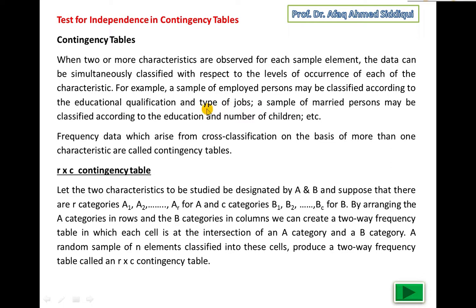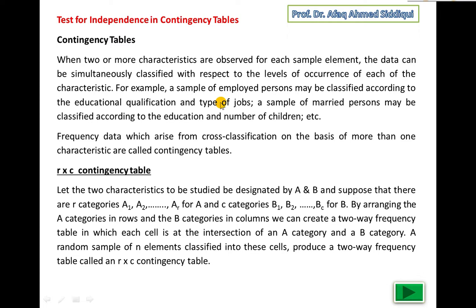And job: designation of job, type of job, maybe manager, deputy manager, etc., but the main variable is the type of job. We test the independence or dependence between the main variables. This is the most important thing. And these are the subgroup categories of the characteristic, or criteria of classification, of the employed person.